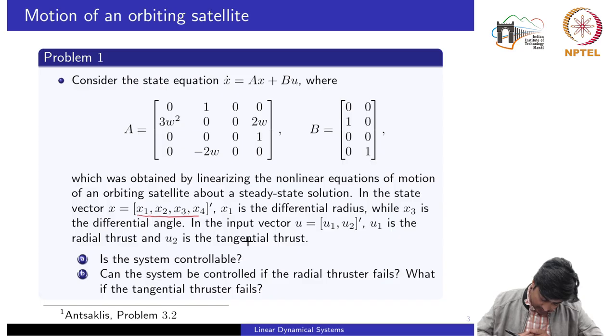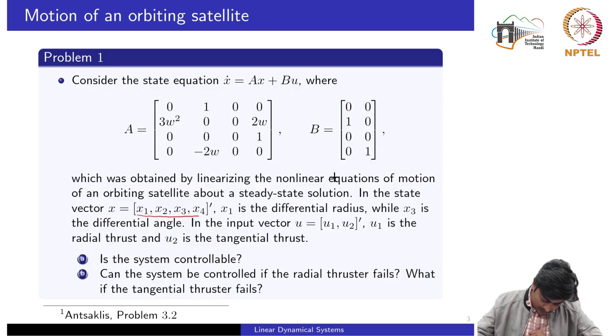The second part is quite interesting in the sense that we want to ensure the controllability of the system under one of the inputs. Say, for example, if we have lost complete control over the radial thrust u1, can we say that the system is still controllable by using only the control signal u2, and vice versa.